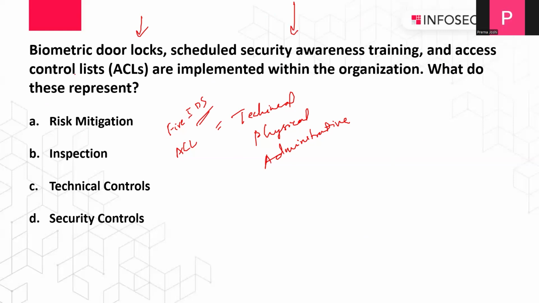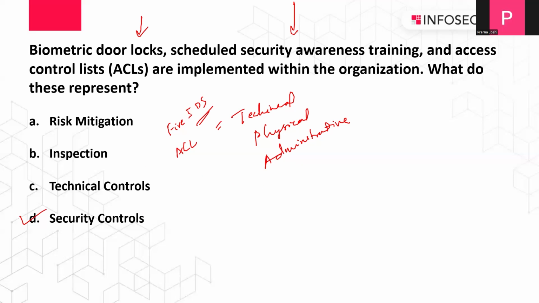Among the options, we see risk mitigation, inspection, technical control, and security control. They are talking about controls, and all the controls are combined together here. So the correct answer is D, security control.